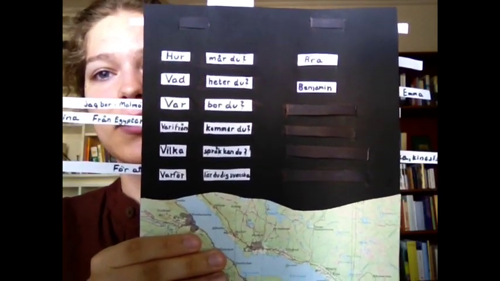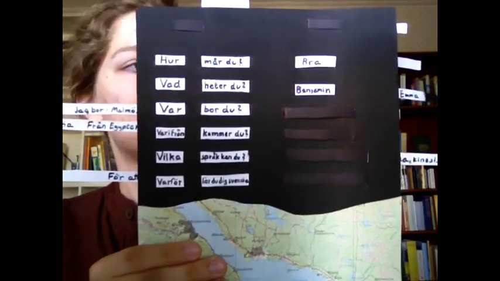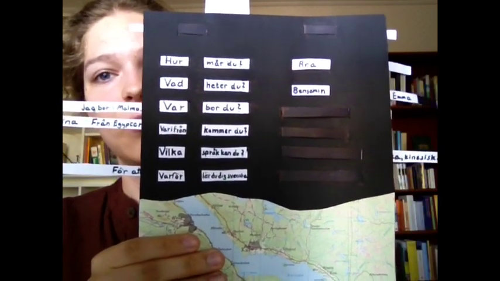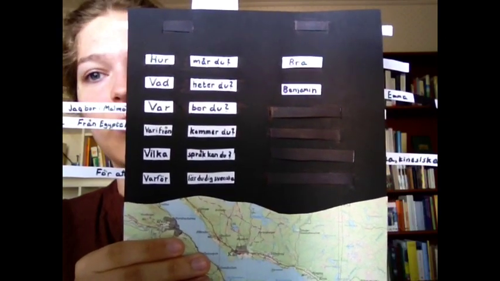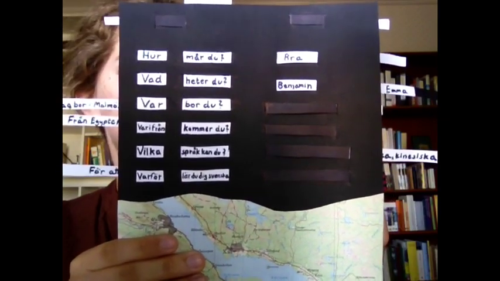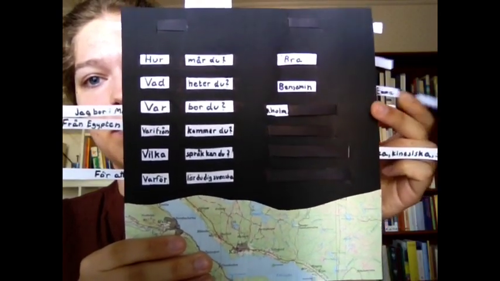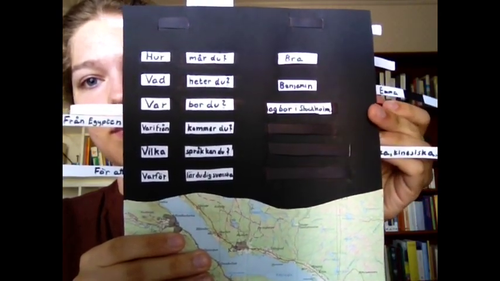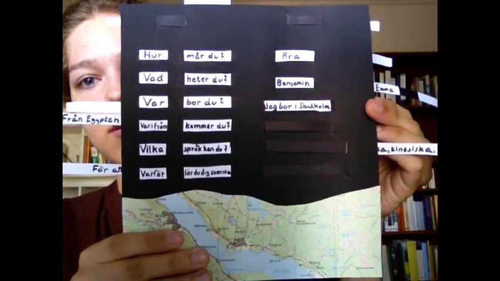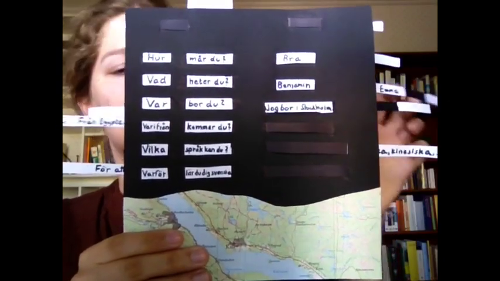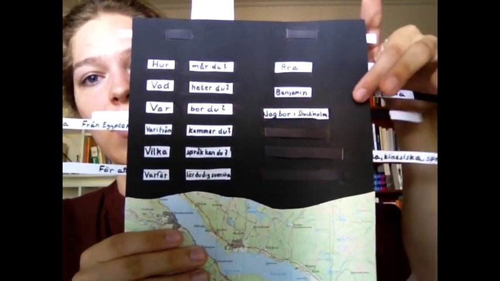So this Benjamin feels good or at least replies bra. And where does he live? Is the next question. And here he actually starts to reply in complete sentences. I don't know why I didn't make a complete sentence here.